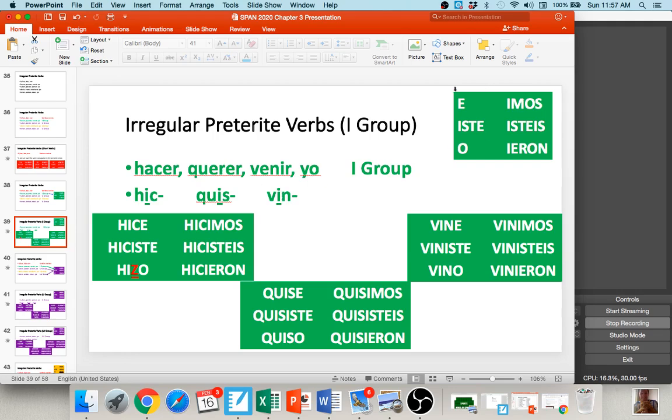When you throw this set of endings on, you get hice, quise, and vine in the yo forms. Again, I'm encouraging you only to remember the yo right now. Hice, quise, and vine. These endings work for all of these verbs except hacer in the él, ella, usted form. Instead of hico with a C, the C changes to a Z, and you end up with hizo.